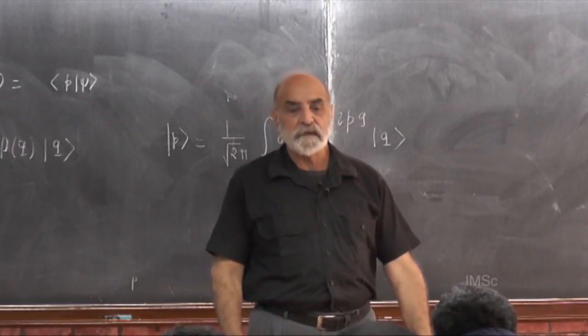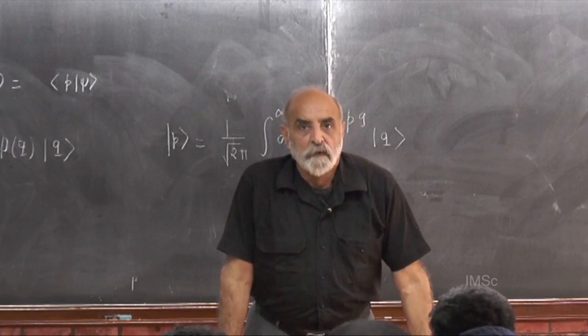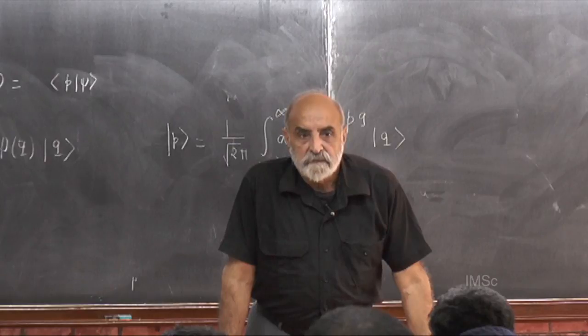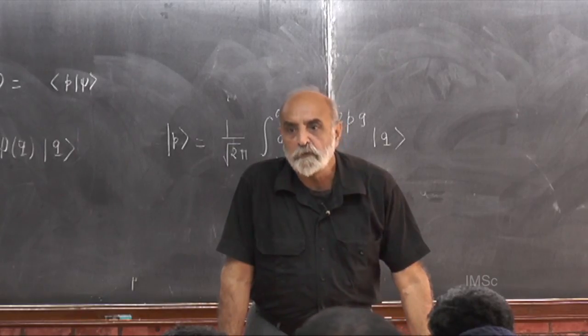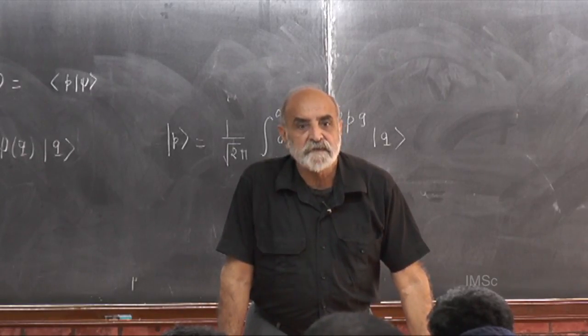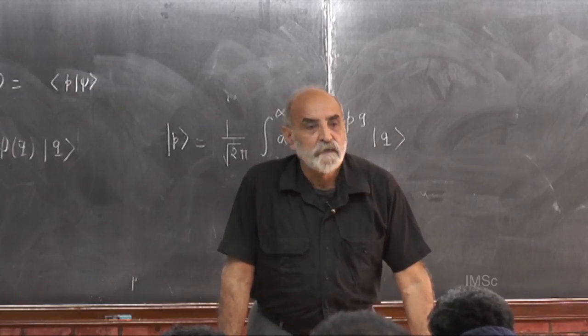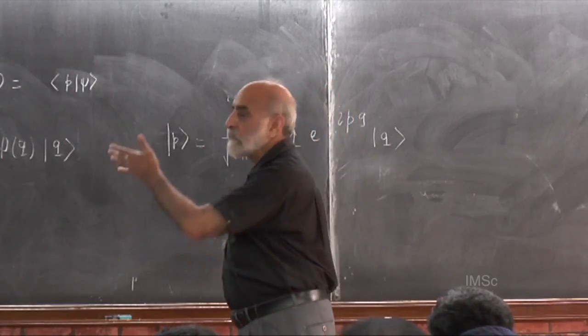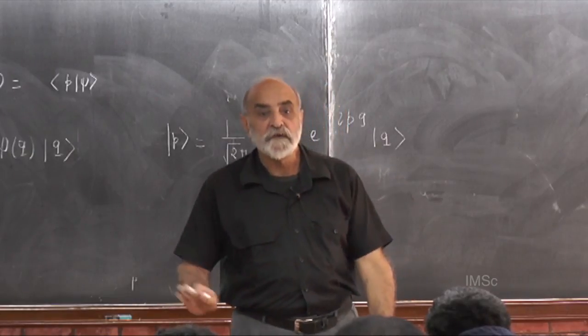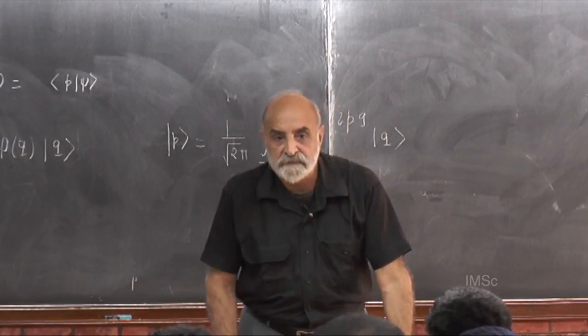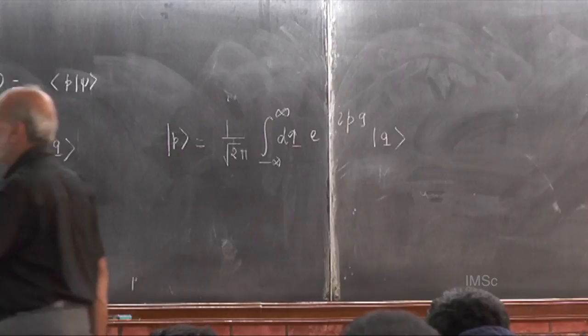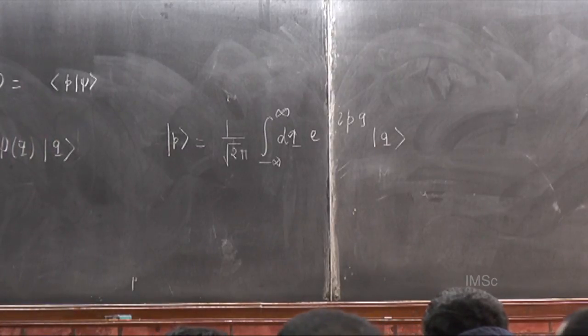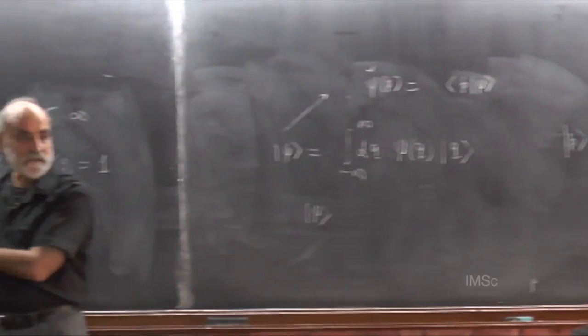Now, if you are from a mathematics background, let me just say that most mathematicians, including Professor K.R. Parthasarathy, who is unfortunately not here, would be very unhappy with my talking about coordinate eigenstates and momentum eigenstates, because you can see here that they are not normalized. This is a delta function.